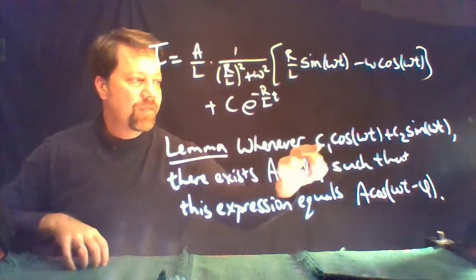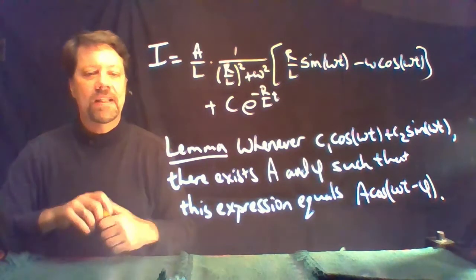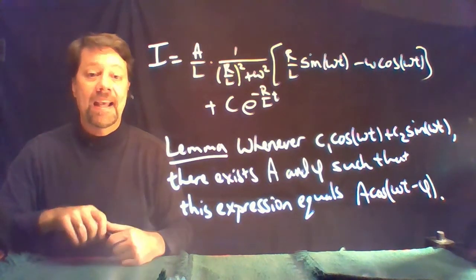Any expression of this form, a linear combination of sine and cosine like this, will end up being just some sinusoidal curve with a phase shift and some amplitude.